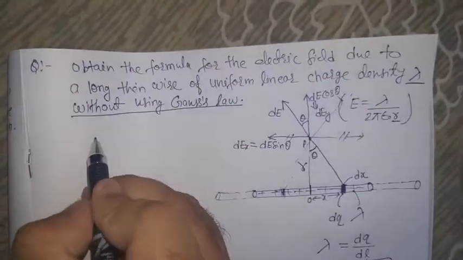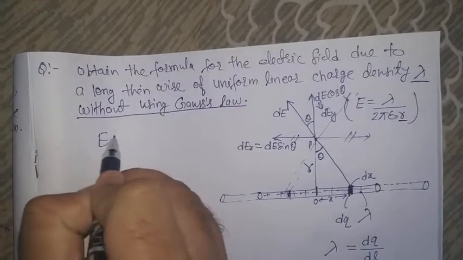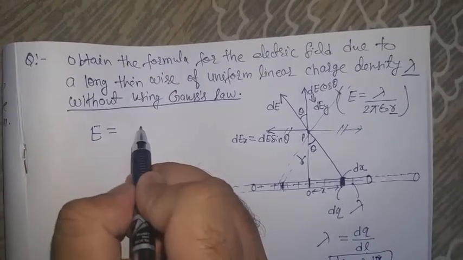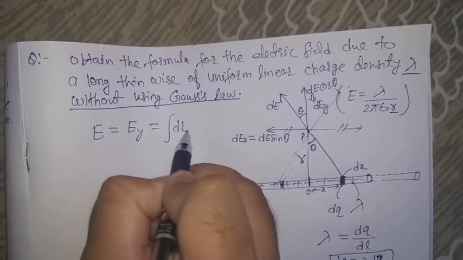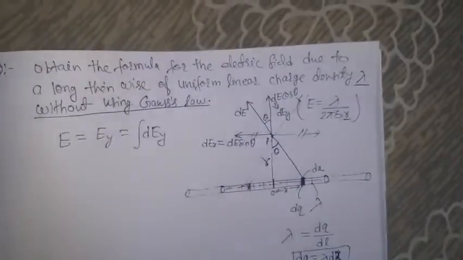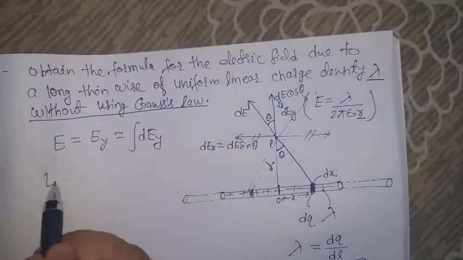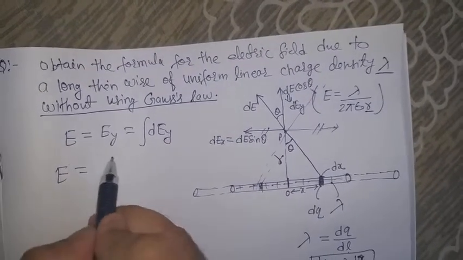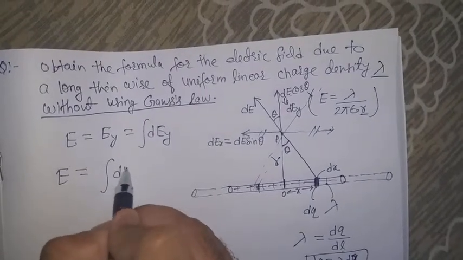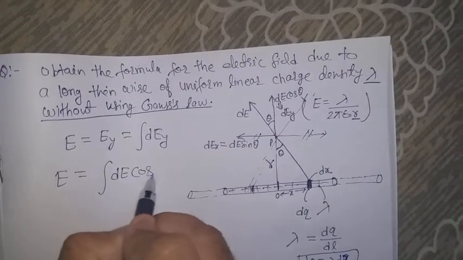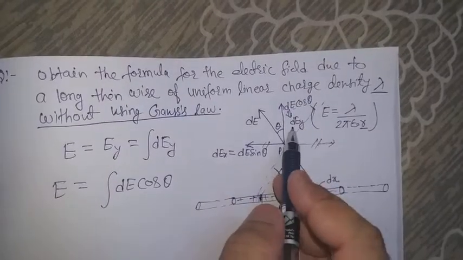So here E is equal to the y component, so we have to calculate dEy. dEy is dE cos theta.